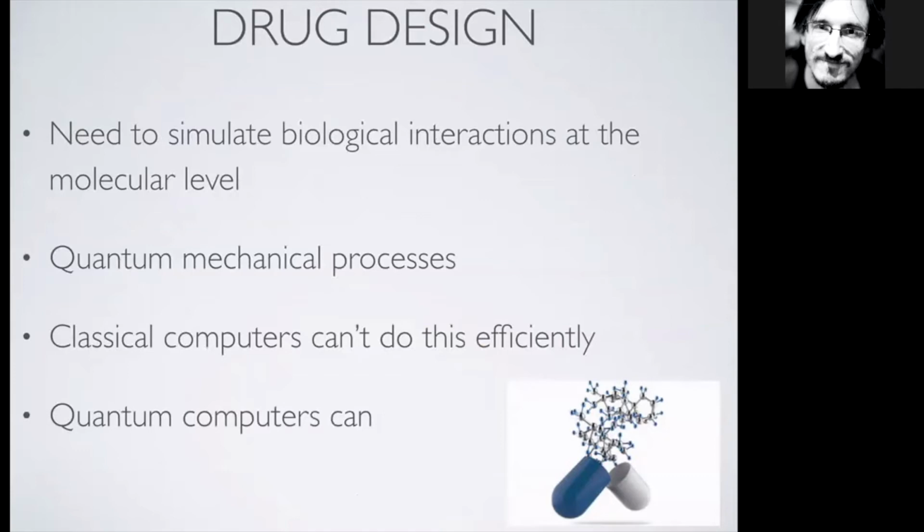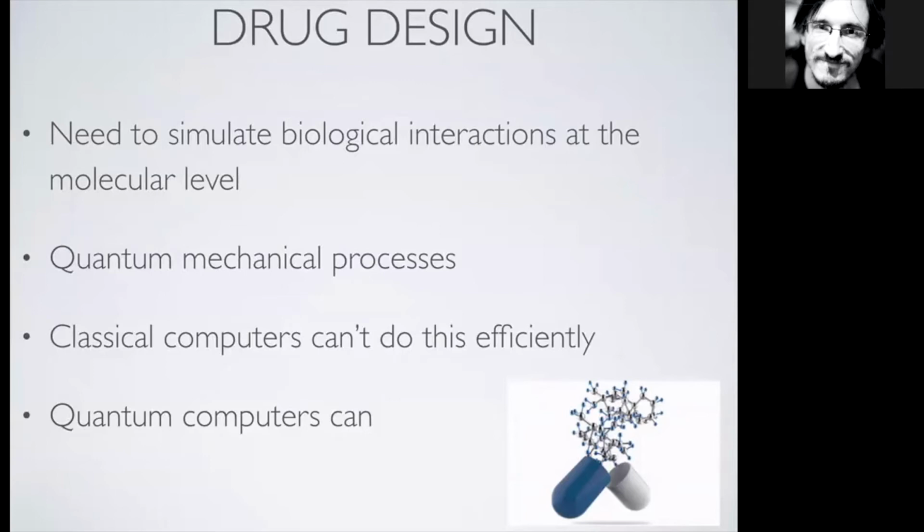Now, at the moment, people do biological simulations at the molecular level all the time in genetics and molecular biology, but they do it using classical approximations where, for example, you approximate a big complex molecule like the one down on the bottom right, just by looking at its overall sort of electric field distribution. And from that, you get an idea of how different molecules are likely to interact with one another based on the attraction or repulsion of electric fields.